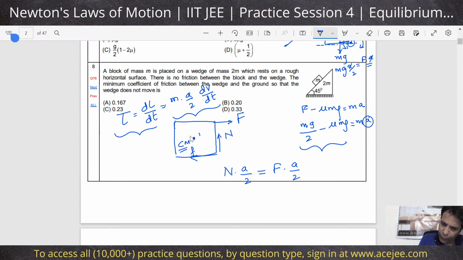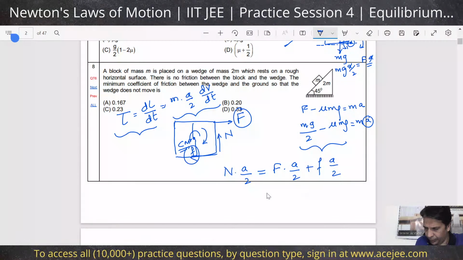So N is trying to rotate it like this about the center of mass, and the two forces, F and the small f, are trying to rotate it clockwise. So F into a by 2, that's the moment arm. Similarly, for the friction force, the moment arm is again a by 2. And f is nothing but mu N, and N is nothing but mg.